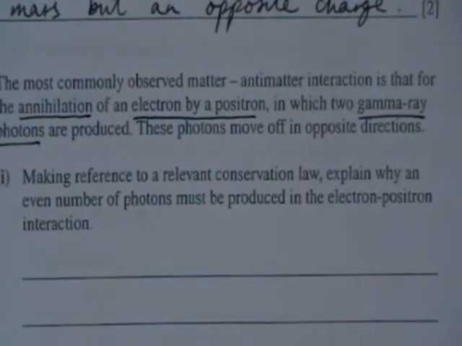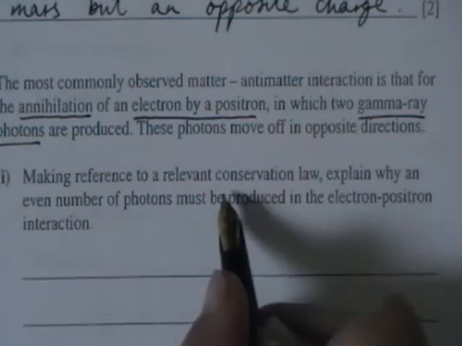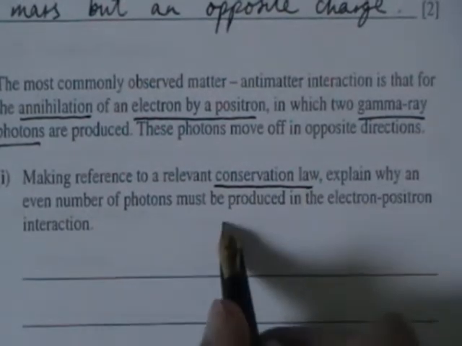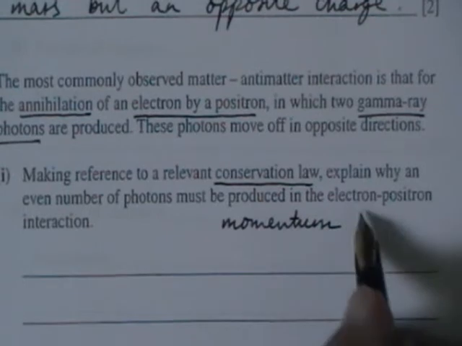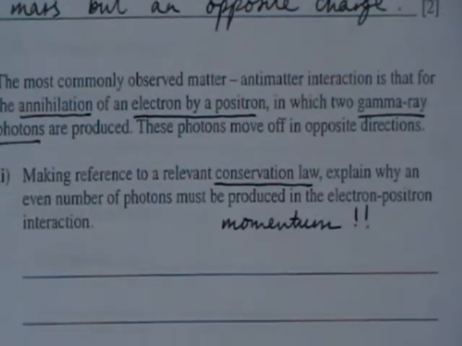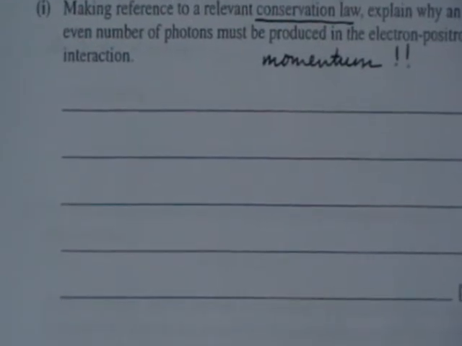Now it says, making reference to a relevant conservation, explain why an even number of photons must be produced in the electron-positron interactions. Okay, so here the conservation law that we're going to talk about is conservation of momentum. Now this is very important, that we understand what's happening here.